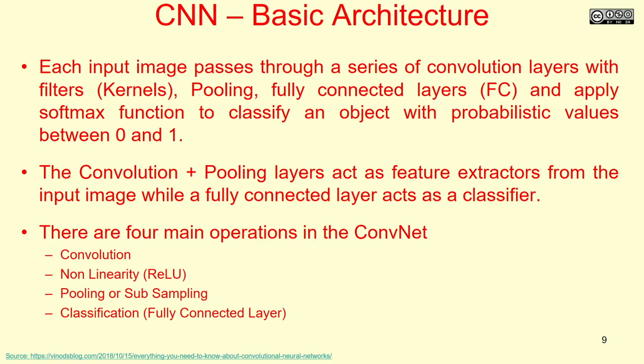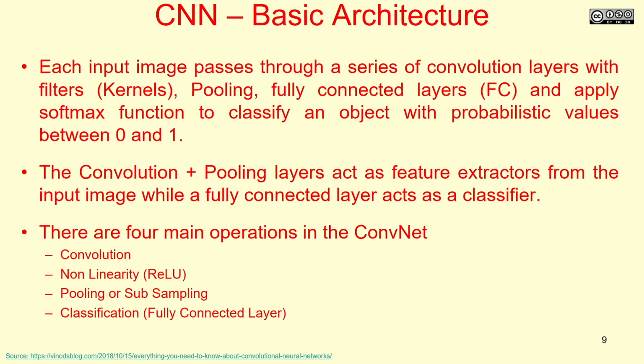The basic architecture is that each input image passes through a series of convolutional layers with filters, that is kernels, pooling layers, and fully connected layers, shortly called FC, and then we apply the softmax function, that is the final layer function, a kind of activation function, to classify an object with probabilistic values between 0 and 1.